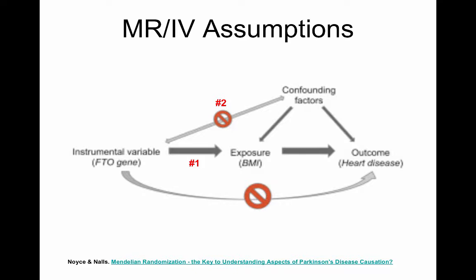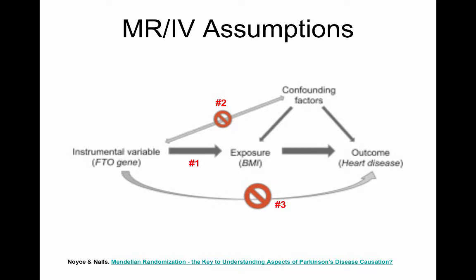In this example, we need to assume that FTO genotype has no associations with any third factor that can cause both higher BMI and higher risk of heart disease. Hopefully, because genotype is indeed randomly distributed at conception, it will not have a relationship to any of those confounders because on average they would be evenly distributed across those who have the risk allele and those who do not. That's a consequence of that random assignment.